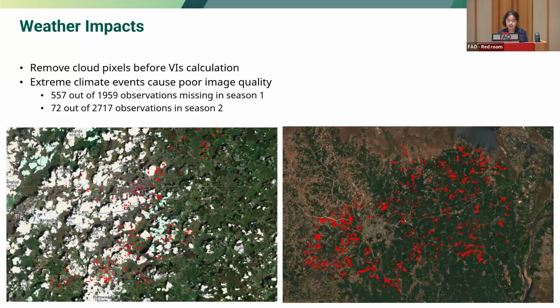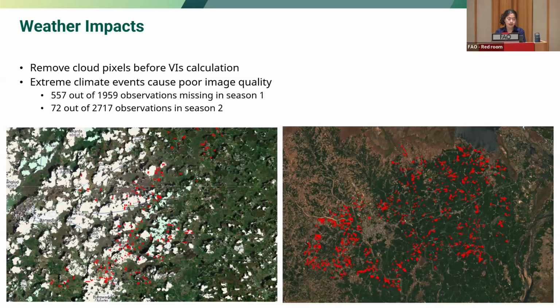One of the most critical steps when we calculated the vegetation indices is that we have to remove the cloud pixels before the analysis. Because of this, the weather condition can strongly affect how many images we can get and also the image quality. For study 1, the in-situ collections occurred during the monsoon season with heavy rainfall and flooding.